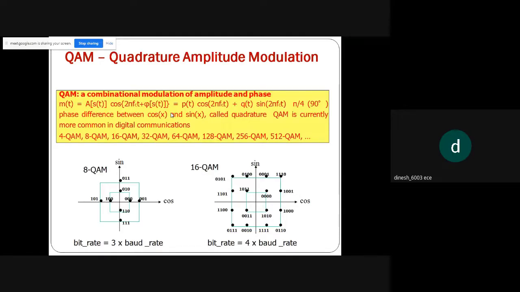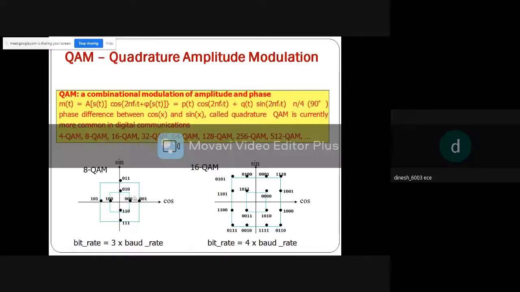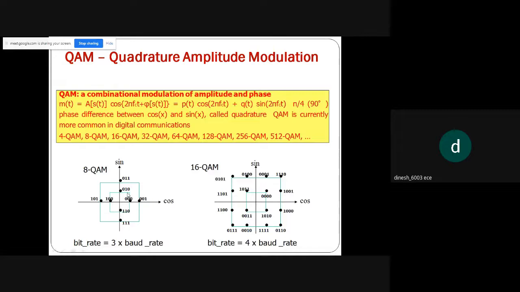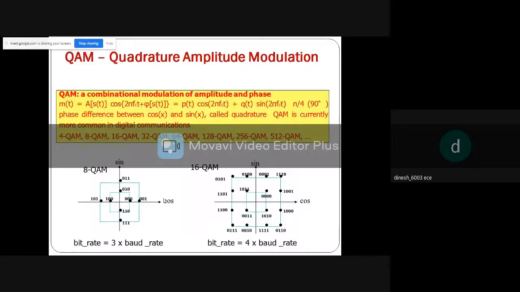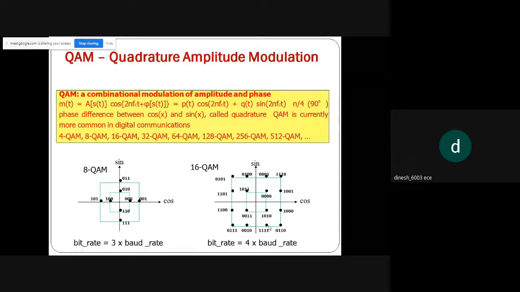You can see on the axis, we get the 8 bit representations: 000, 001, 010, 011, 100, 101, 110, 111. Then, 4 zeros till 4 ones.